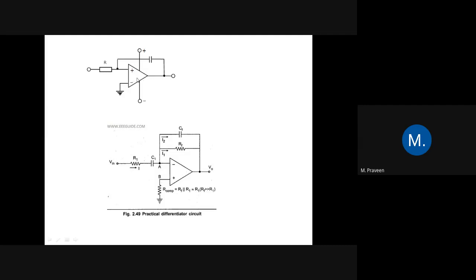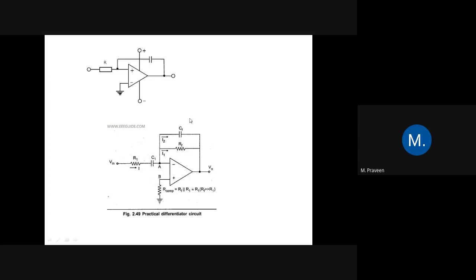If we compare these two, here we have a resistance, and here also we have a resistance. So we simply have to add one series capacitance to the resistance. Similarly, compare the feedback part. Here we have the capacitance, and here also we have the capacitance, and the only thing not mentioned here is the feedback resistance.